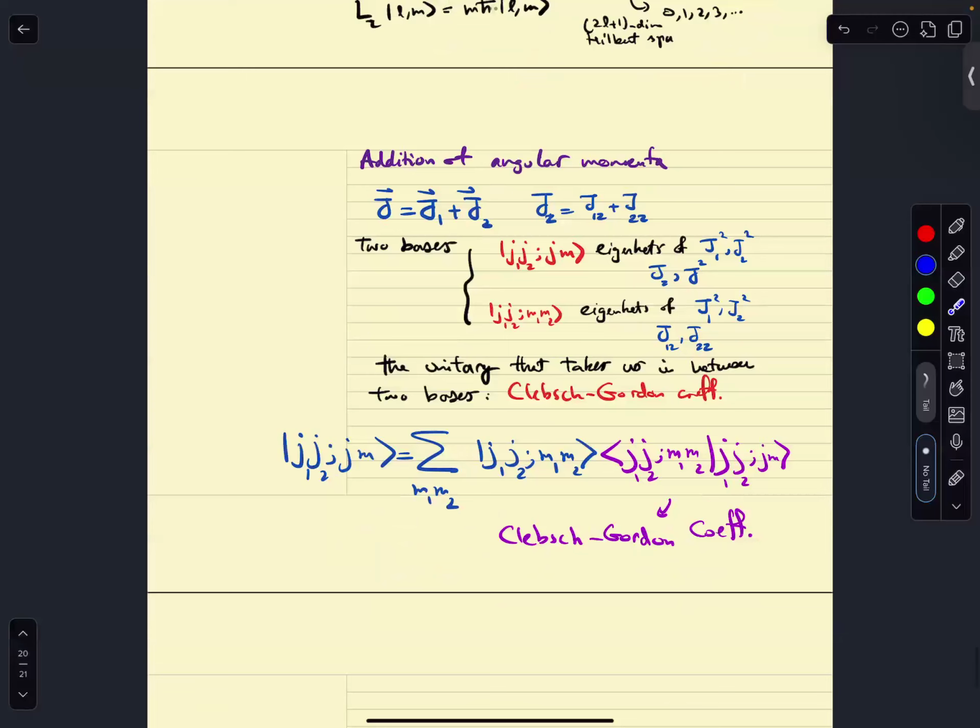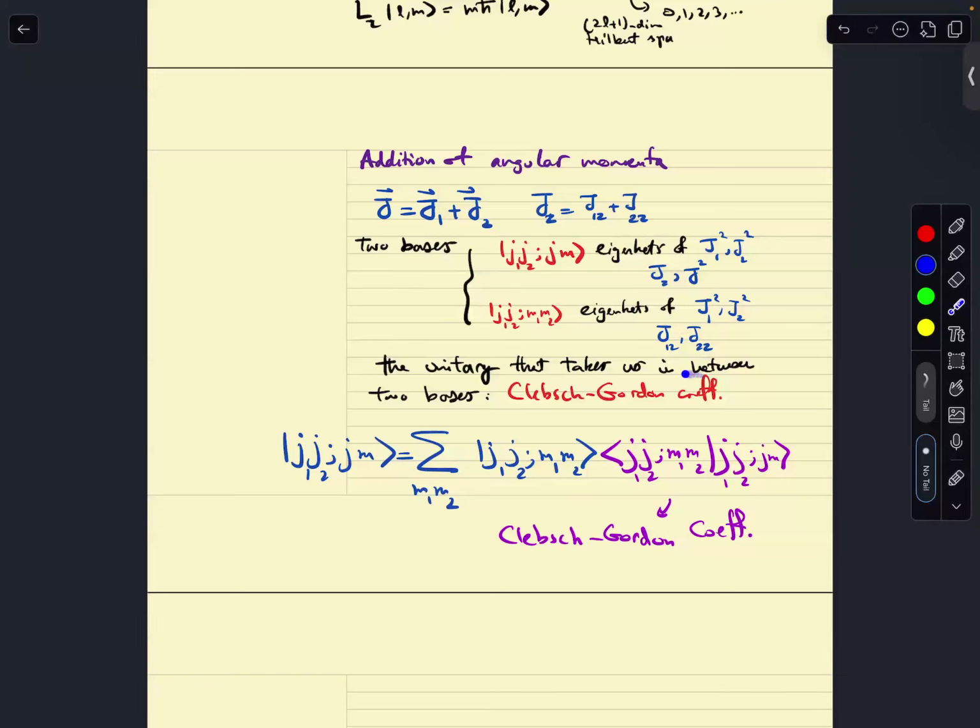Then we discussed the addition of angular momentum. Here's how we represented things. We had two bases: the basis of the total spin or angular momentum, which are the eigenkets of these operators, and the second option, which is the eigenkets of the individual systems tensored.